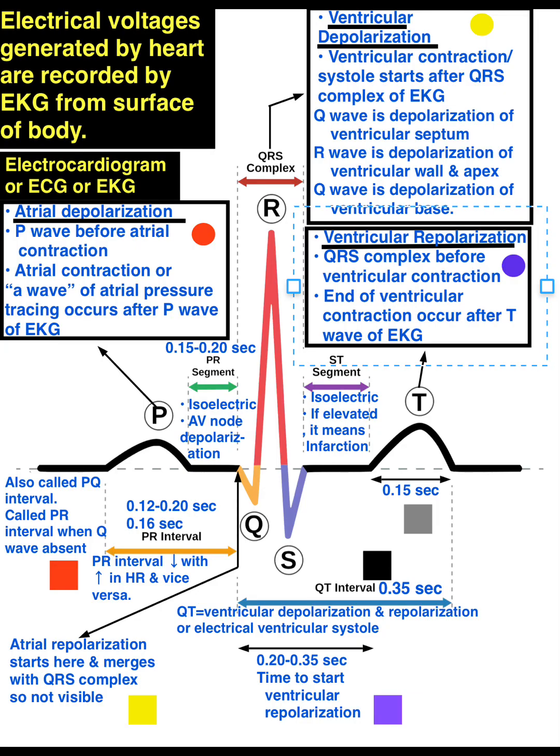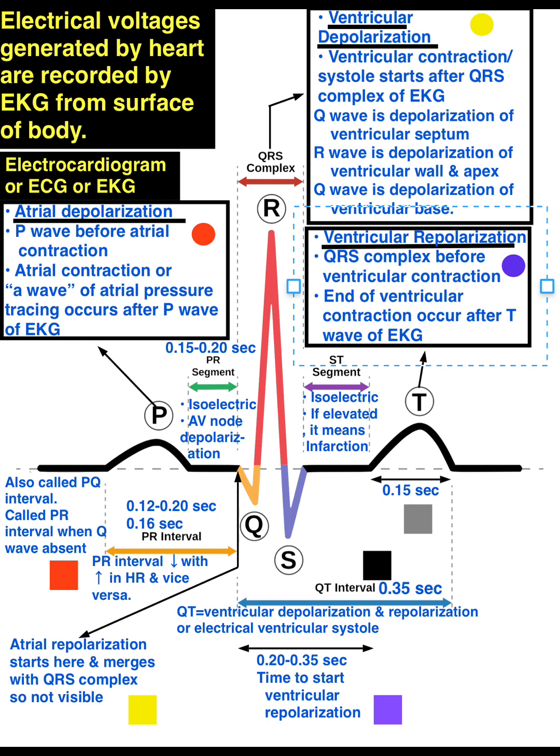This is the complex of all waves during one cardiac cycle recorded by EKG, ECG or electrocardiogram. Electrical voltages generated by the heart are recorded by EKG from the surface of the body.